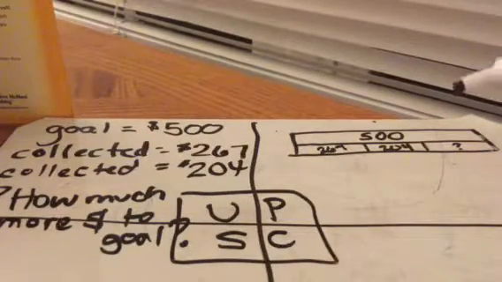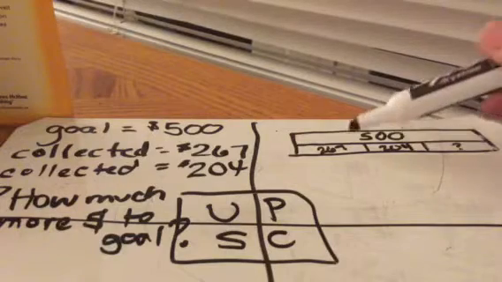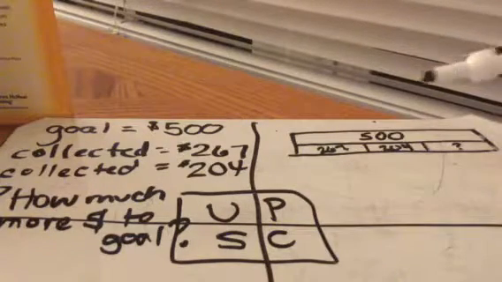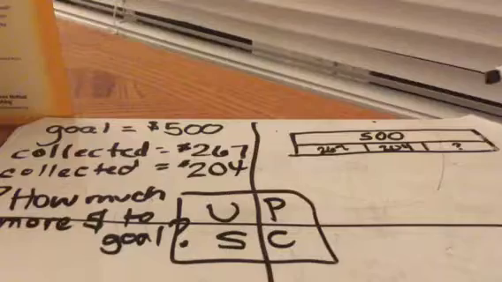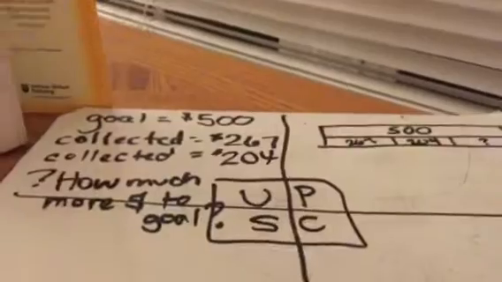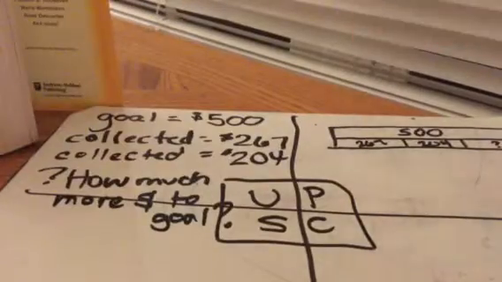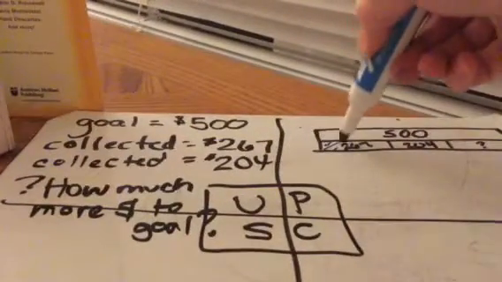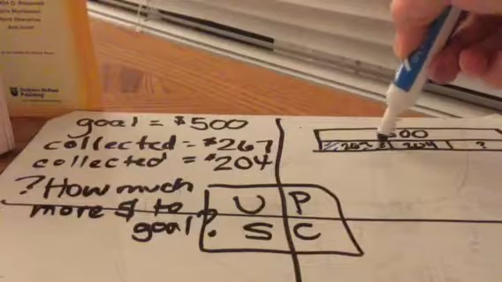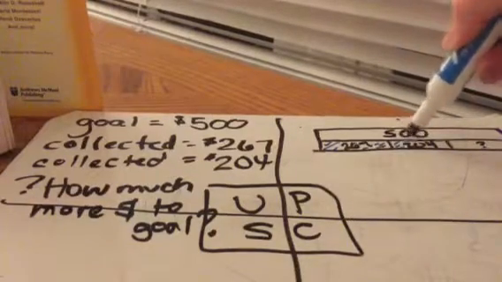So there are 2 ways to do it. I can subtract 500 minus 267, and then subtract 204. Or I can also figure out how much she has already collected. All this stuff in blue, she's already collected.